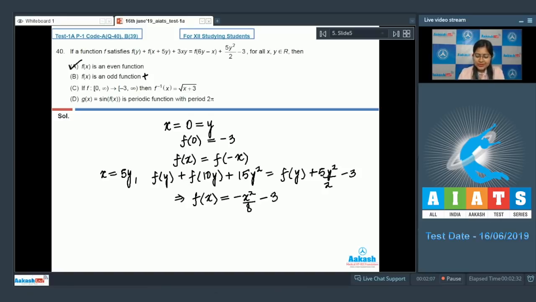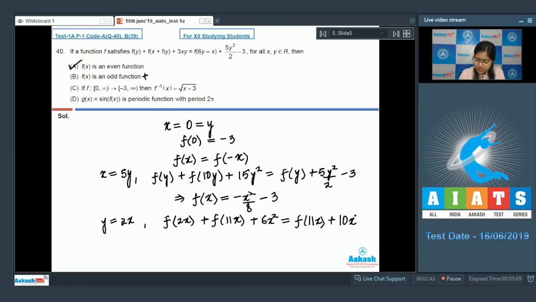Also, if we replace y by 2x, then we will get f(2x) plus f(11x plus 6x square) equal to f(11x plus 10x square) minus 3, from which we will get f(x) equal to x square minus 3.